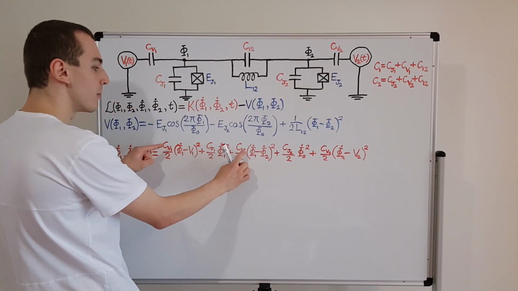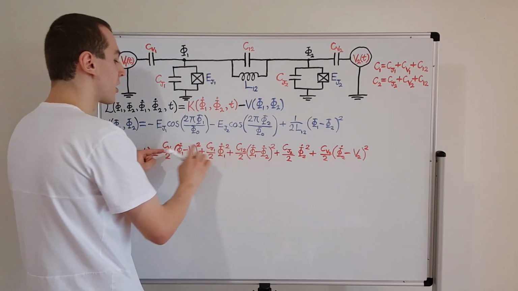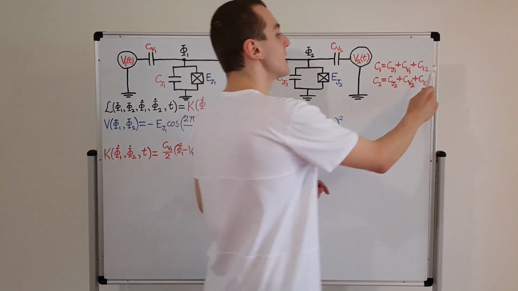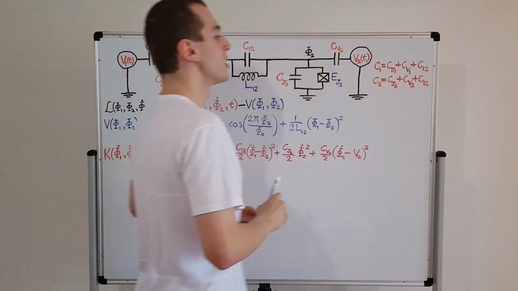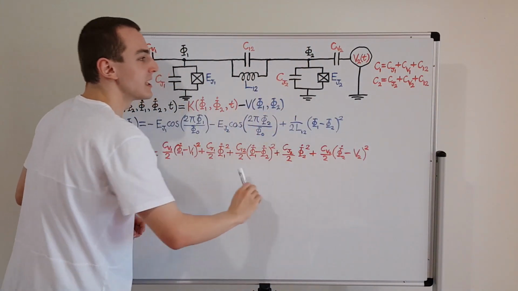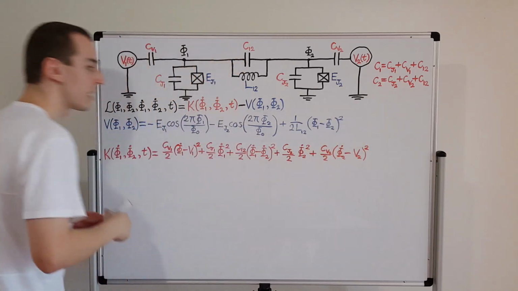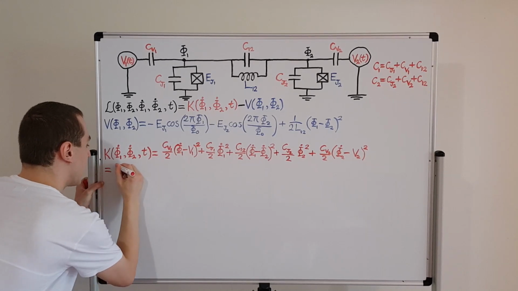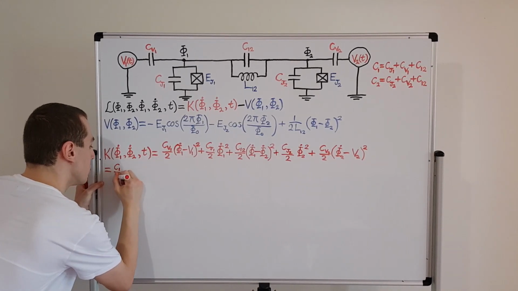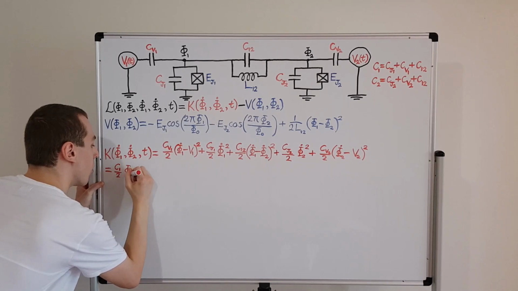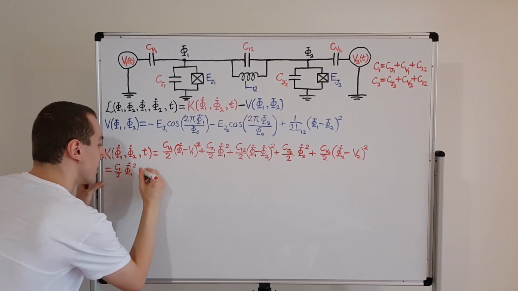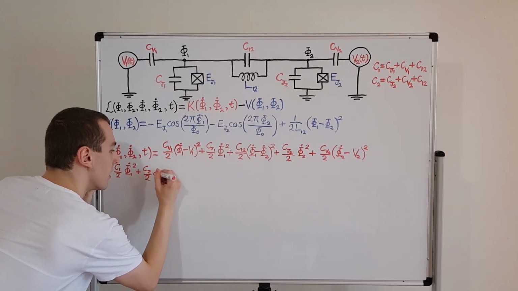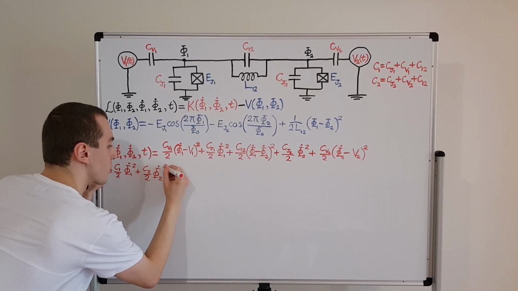So we would see the sum of these 3 capacitances occurring as a coefficient of phi 1 dot. And that's exactly the quantity that I have defined over here. So we can also do analogous reasoning for C2. And what I'm going to do is write down those terms. So this is equivalent to C1 on 2 times phi 1 dot squared plus C2 on 2 phi 2 dot squared.